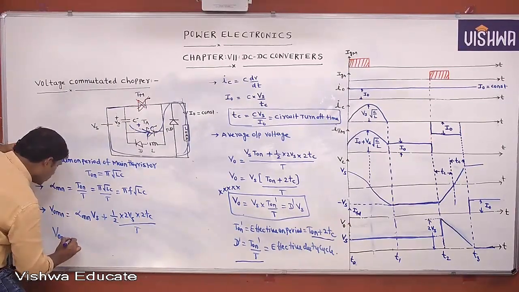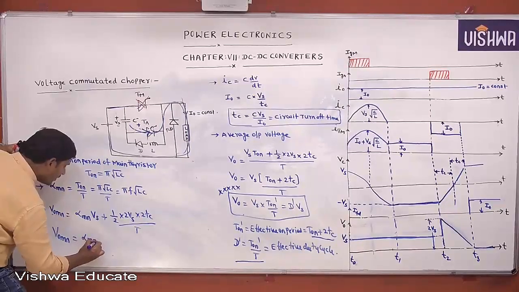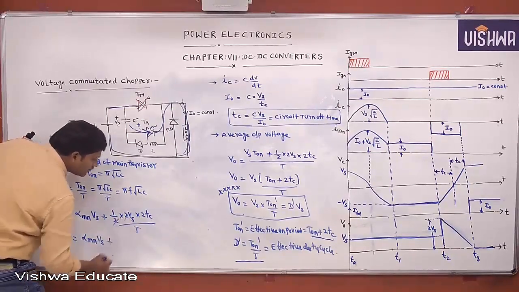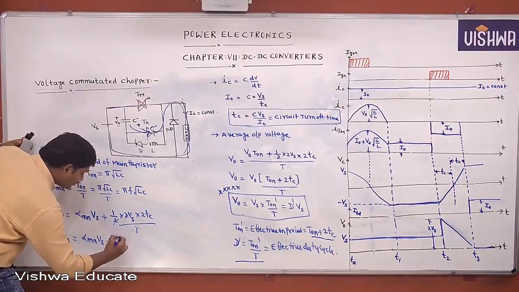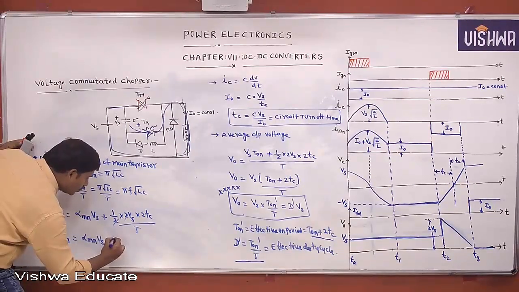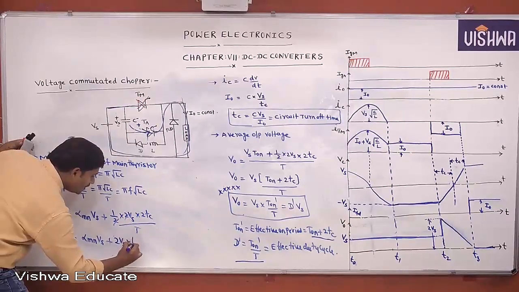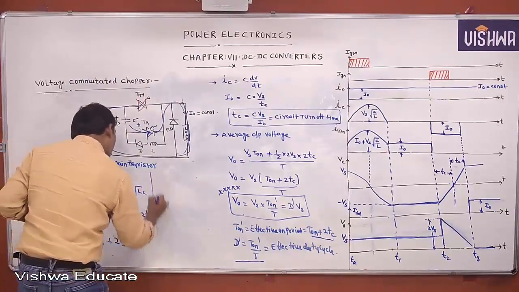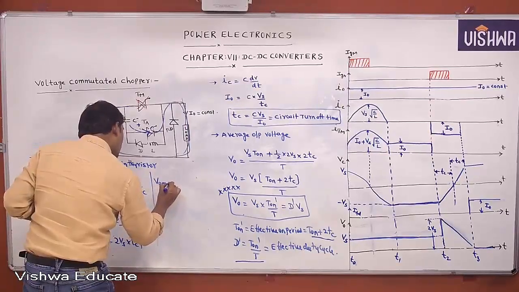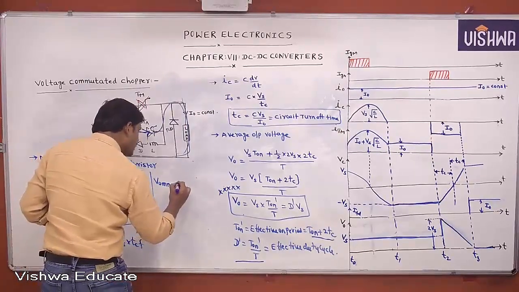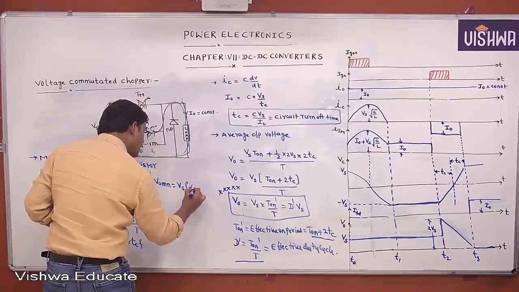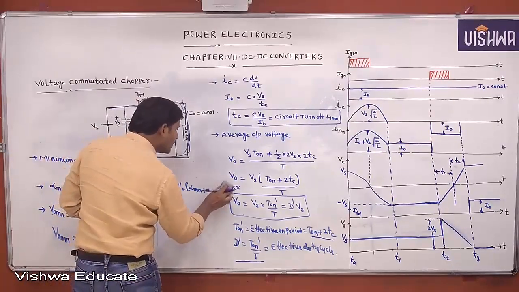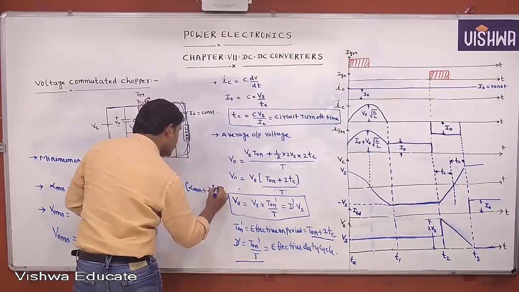Then what is the minimum output voltage? The minimum output voltage equals alpha min into Vs plus, simplifying these two to cancel, Vs into 2 Vs into Tc into f, where 1 by T is written as f. Then the minimum output voltage equals, taking Vs common, alpha min plus 2f into Tc.